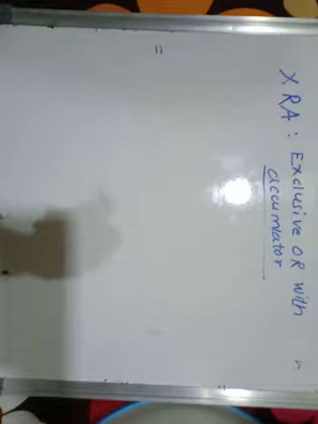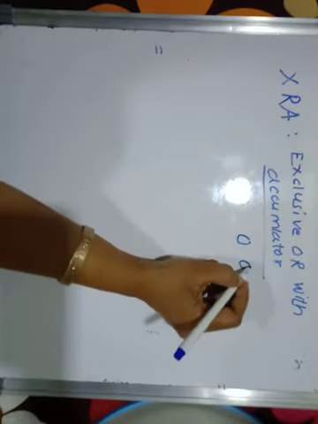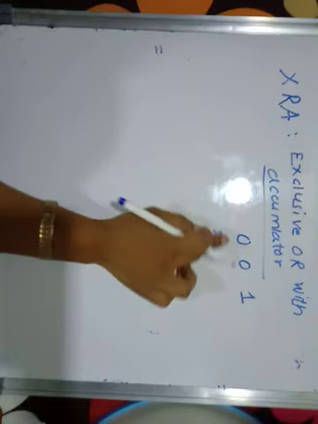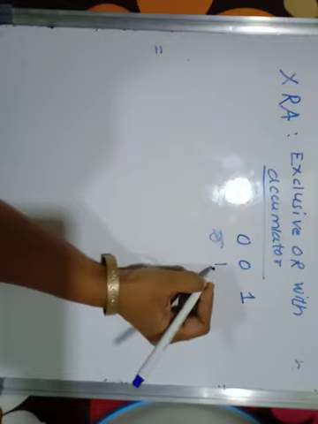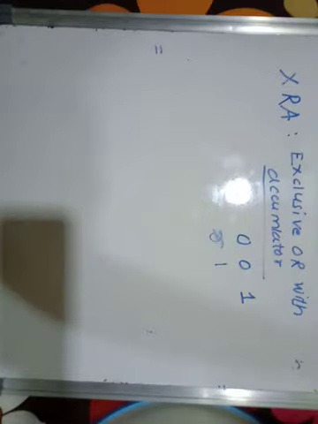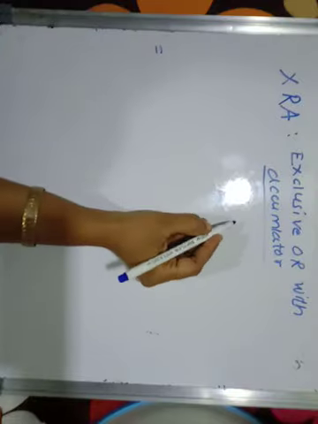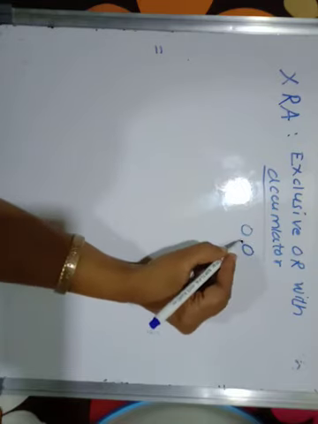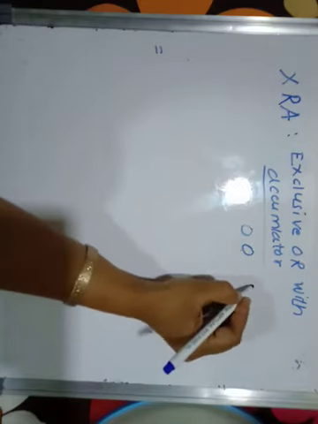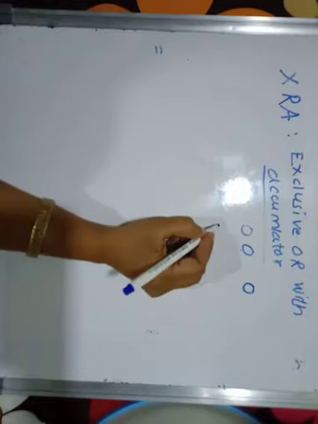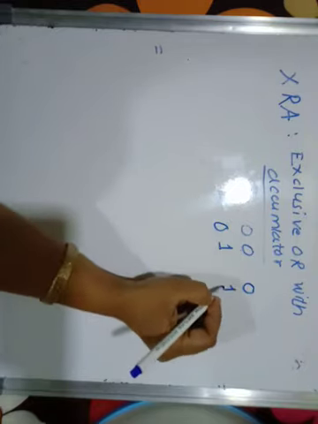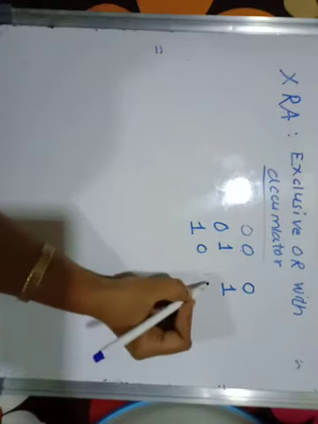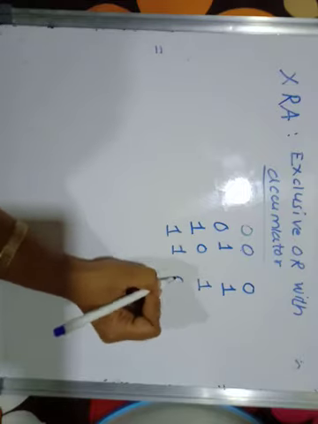See, 0 0, same input, then you will get 1. If different, then you will get 0. Okay. One correction: if the same input is there, then you will get 0. If different input is there, then you will get 1. So when you have 0 0, you will get 0. If 0 1, then 1. Here 1 1 will give 0, likewise.